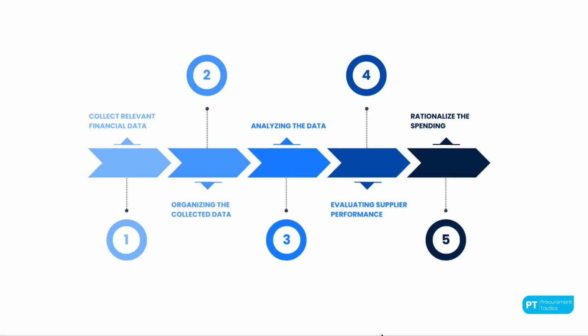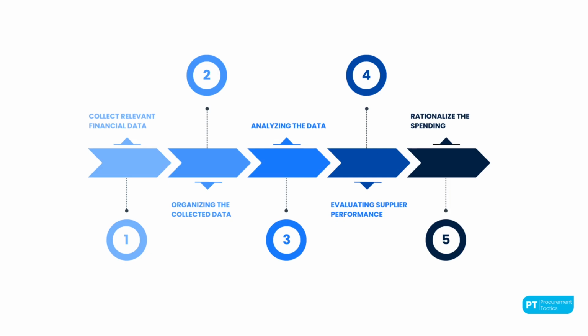So, let's take a look at the steps on how to do the spend analysis. First, you have to collect all the relevant financial data regarding the expenses. This involves digging into the crevices of your company and extracting the needed data from the ERP systems, supplier databases, and even smaller financial records. The next step is cleansing and organizing the collected data. You can do this by categorizing similar expenses or expenses that are generally in the same scope.